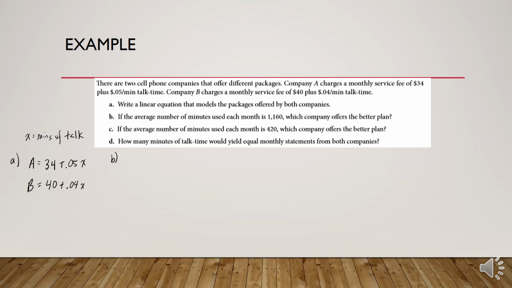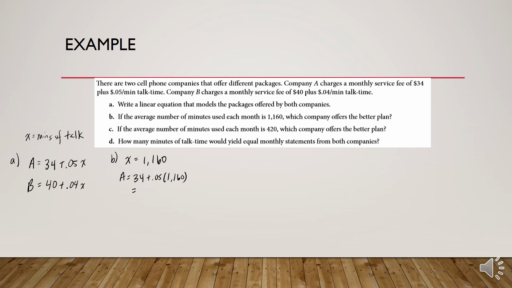Next, part B: if the average number of minutes used each month is 1,160, which company offers the better plan? So here our x is equal to 1,160. What I'm going to do is plug this into each plan and see what happens. If I plug this into A, I'll get 34 plus 5 cents times 1,160.